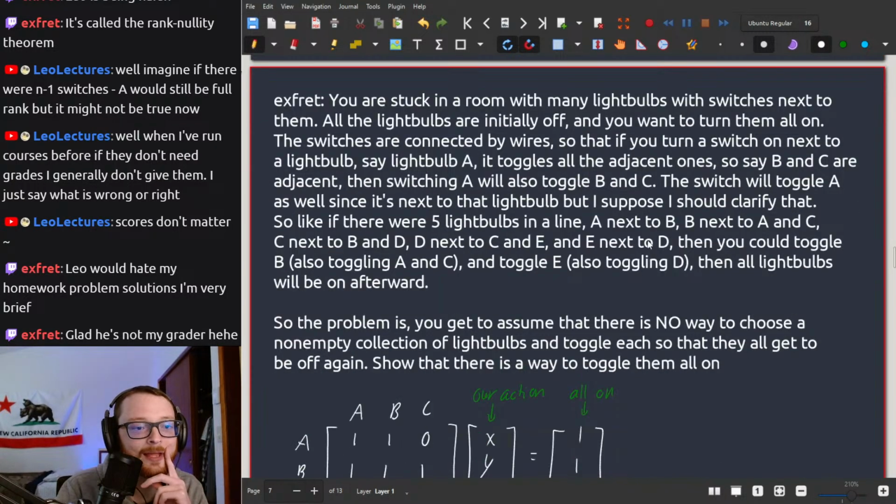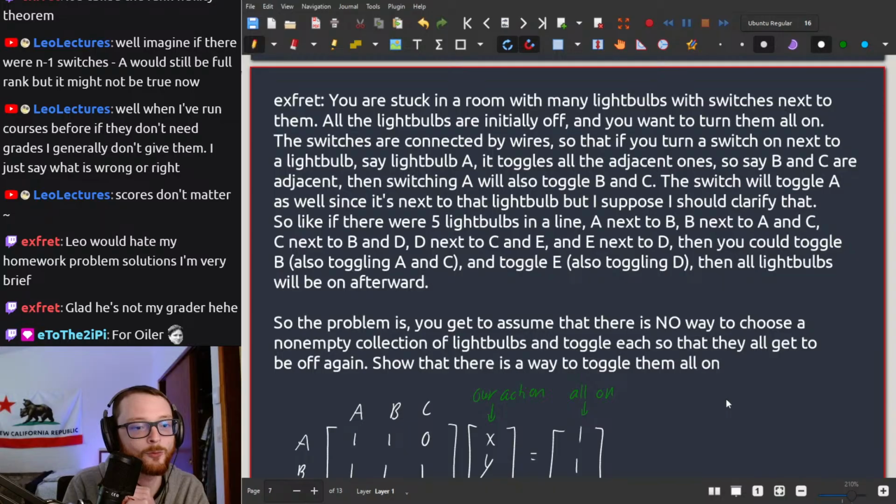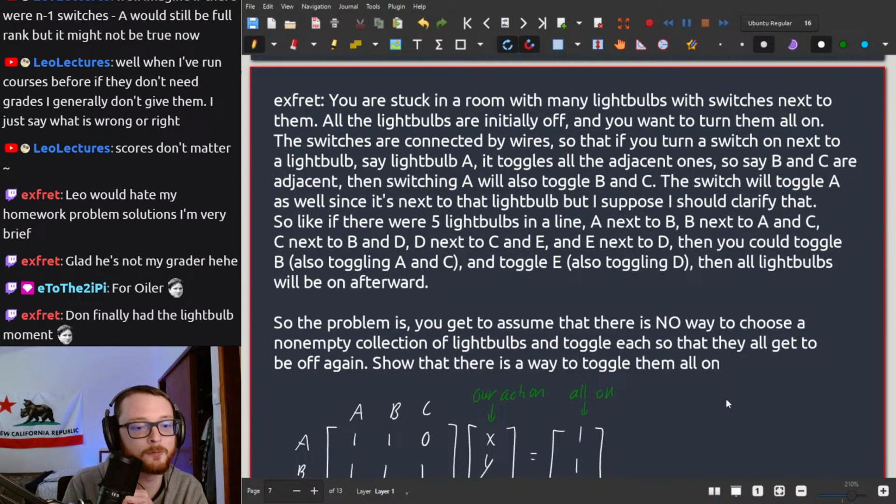Raven, so we just answered a question about light bulbs, a little puzzle question. Basically, if you have a bunch of light bulbs, each of them has a switch, but those switches are connected in some arbitrary way. So the light switch for C always toggles C, but it could also toggle other light bulbs too.